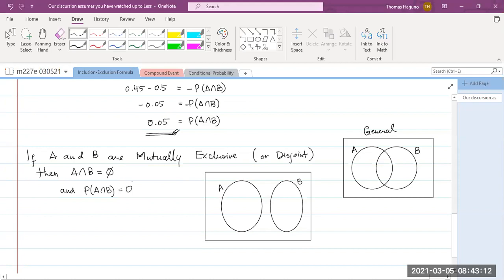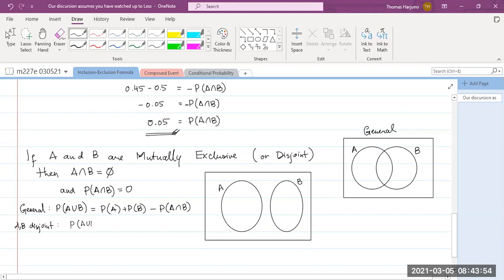Now, what is the effect on that inclusion-exclusion formula? Well, the general case, so I copy down the formula we have above. Probability of the union equals probability of A plus probability of B minus probability of the intersection, right? But if A and B are disjoint, then the probability of the intersection becomes 0.